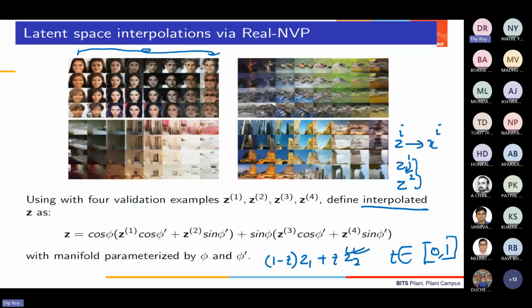Interpolation happens everywhere. Anytime you are learning a latent representation, you can use interpolation as a diagnostic technique to check if the unexplored spaces in the Z space are giving you the right kind of samples.